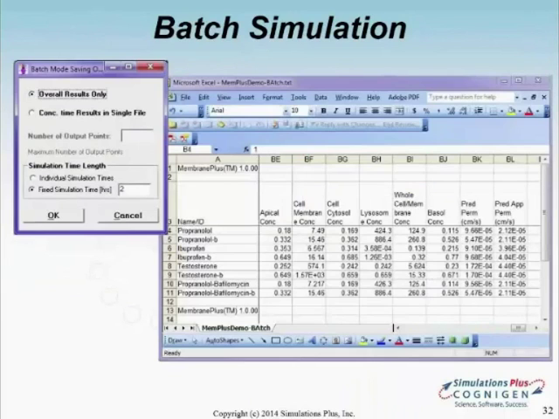The batch simulation is something that may be useful for initial screening of the compounds. If you just use the default model, it should be applicable across a variety of structures.